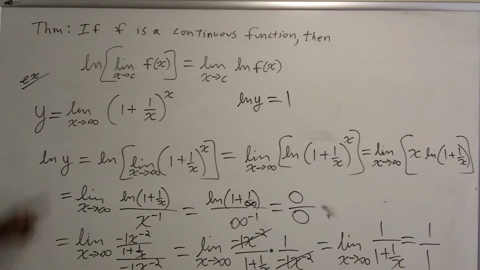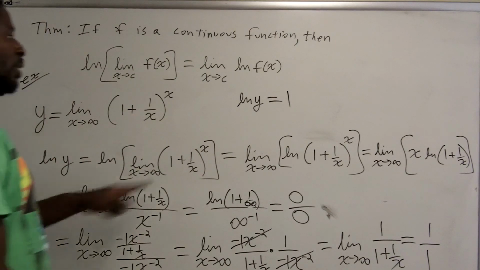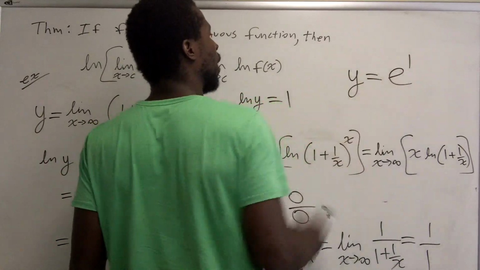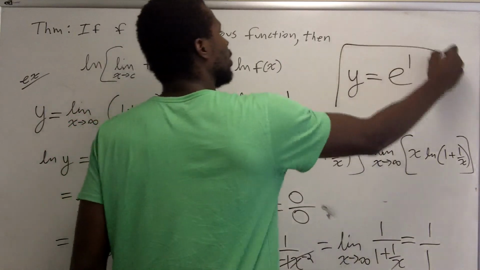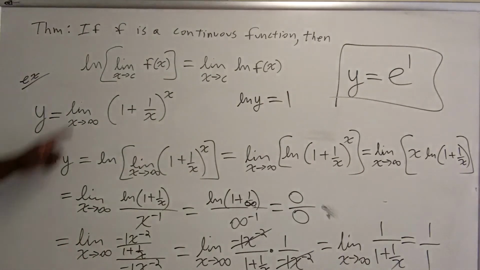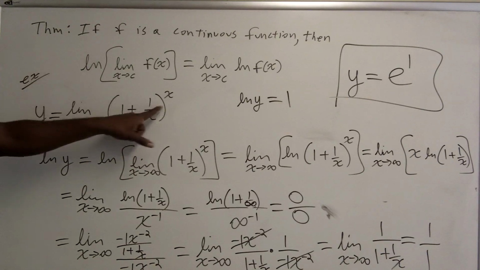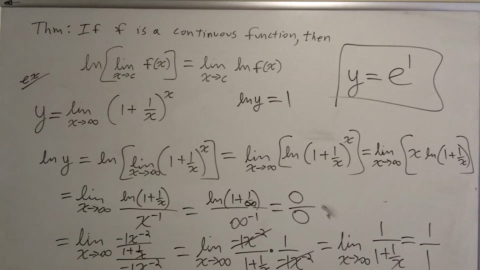And if I want to know what y is, my original limit, this equation says that y is equal to e to the first power if you change it into an exponential. So y is equal to e. So this limit is equal to e. And that is how we're going to use this theorem whenever we have something where the exponential has a base that has a variable and also an exponent that is a variable.